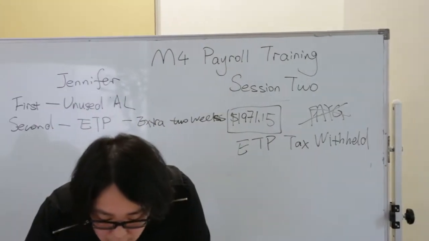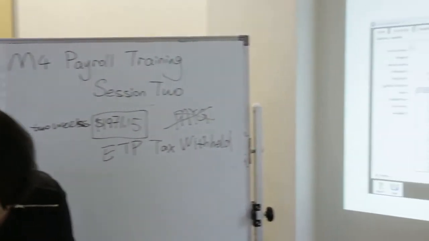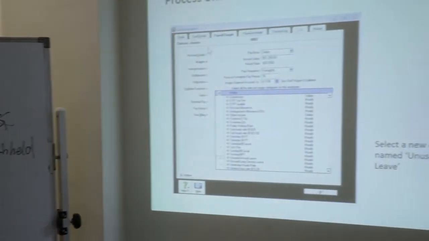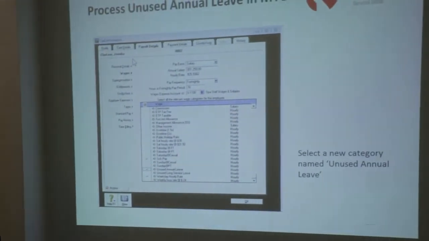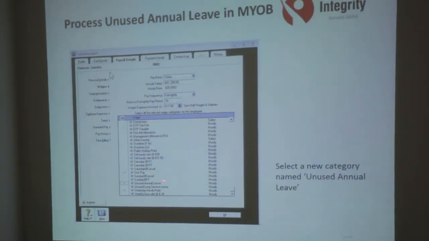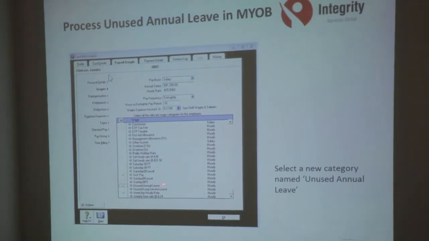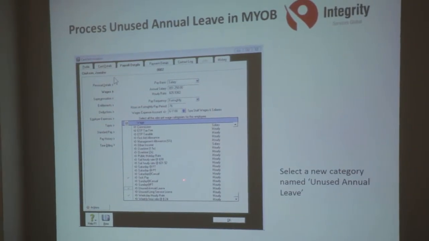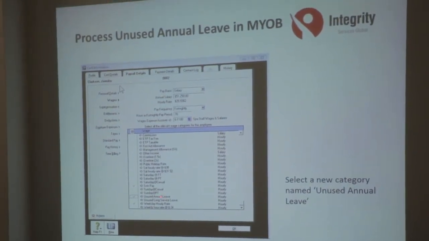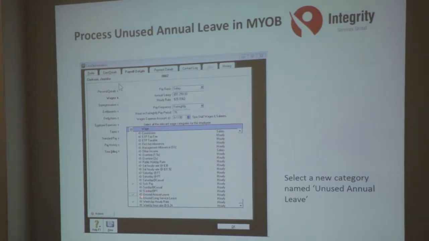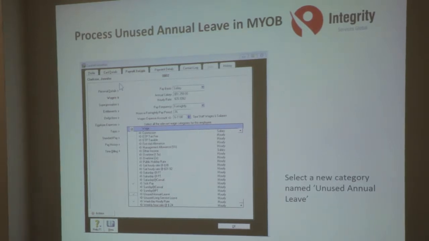So when we do the unused annual leave, before we do the normal pay slips, we didn't choose this one. Yeah, for unused annual leave, we need to select this special part. And then it will show on the process payroll function.